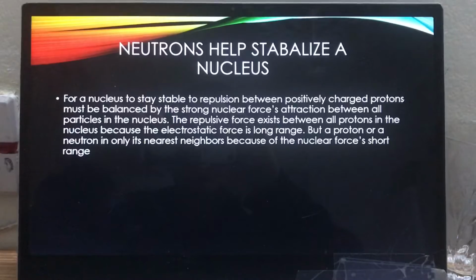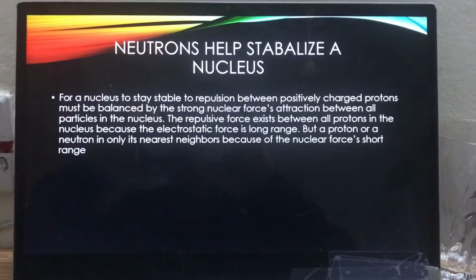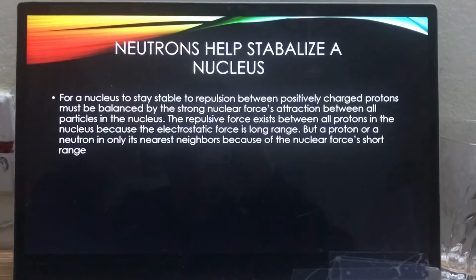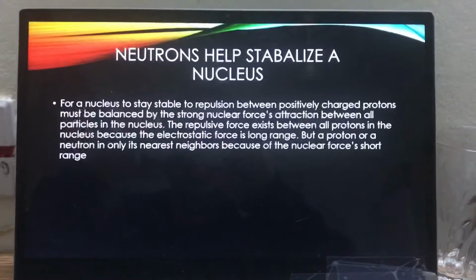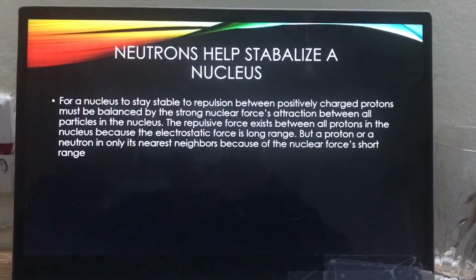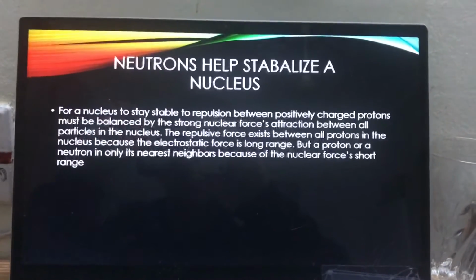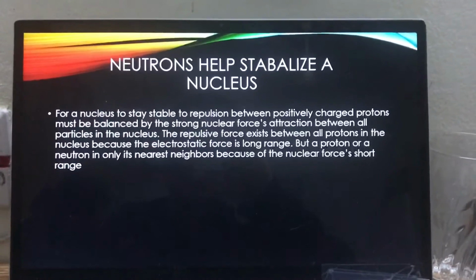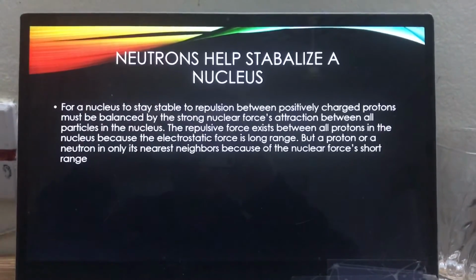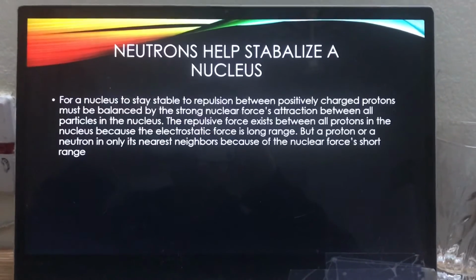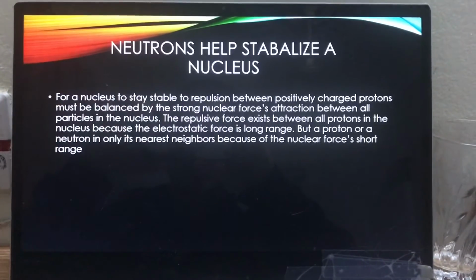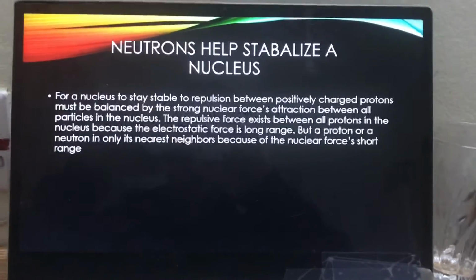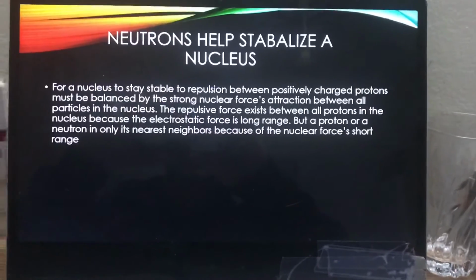The repulsive force exists between all protons in the nucleus because the electrostatic force is long range, meaning the protons, even if they are far apart, can still repel each other. But a proton or neutron attracts only its nearest neighbors, because the nuclear force is short range.